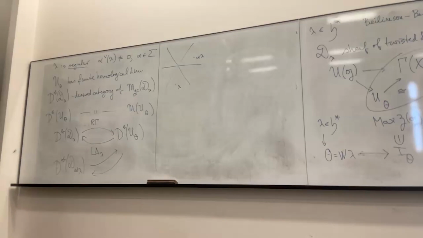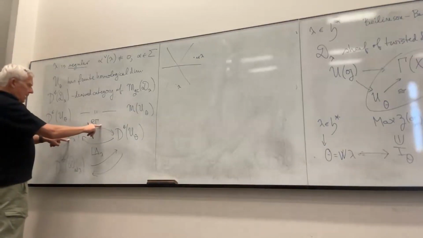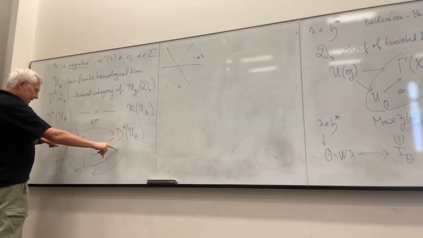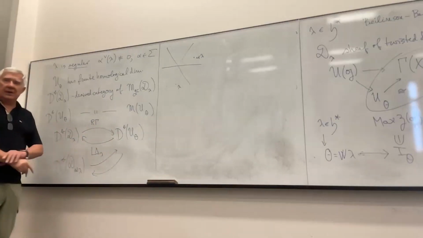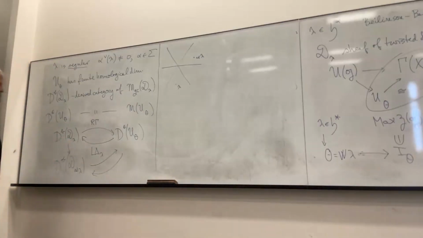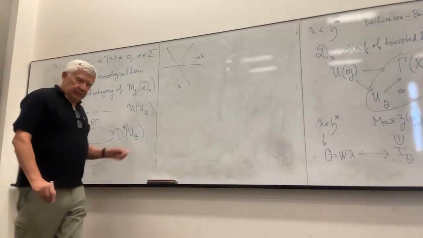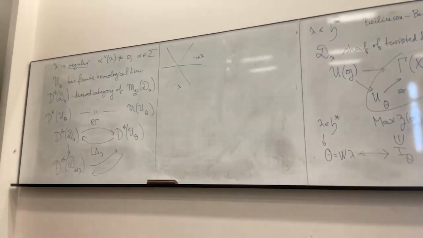So what can I do? I can go from here, apply R gamma, and then localize at the other place, W lambda, and I get a functor between these two derived categories. And this is the so-called intertwining functor.